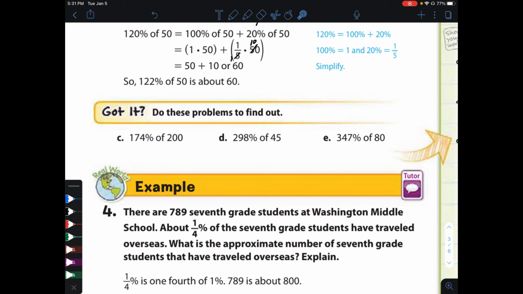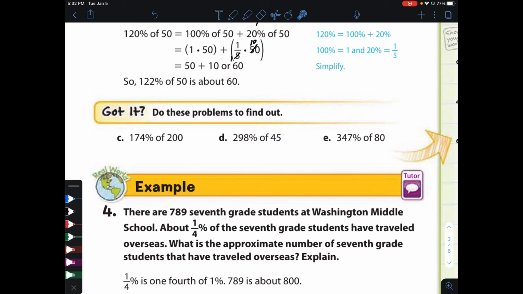Okay, and we get 789 and we round it to 800, which is a good round number. Okay, we can round it to 790 if you want, but 800 is easier to manipulate.